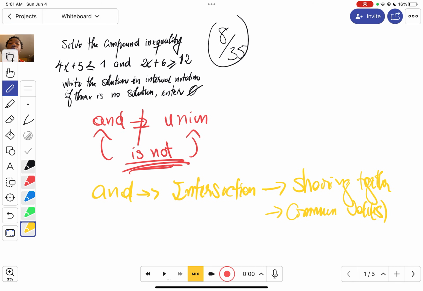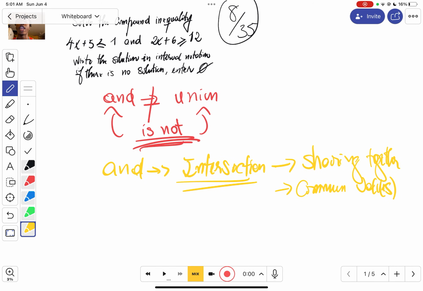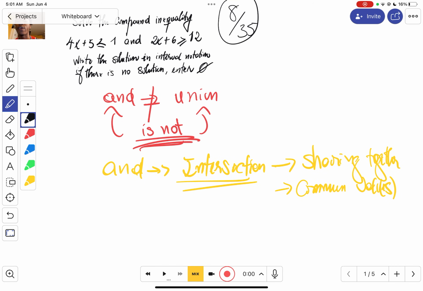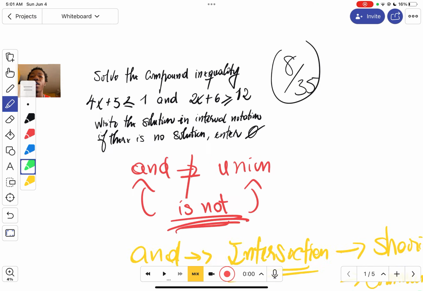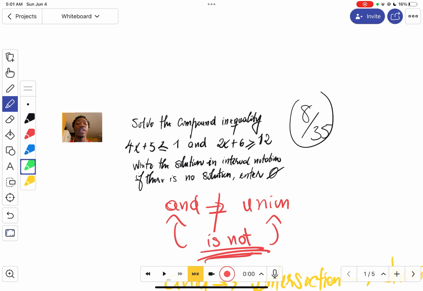So that's what "and" means: intersection. And "or", I know it's really strange, "or" means union, which means everything included. There you go. Right now "and" is intersection and "or" is union, everything included.